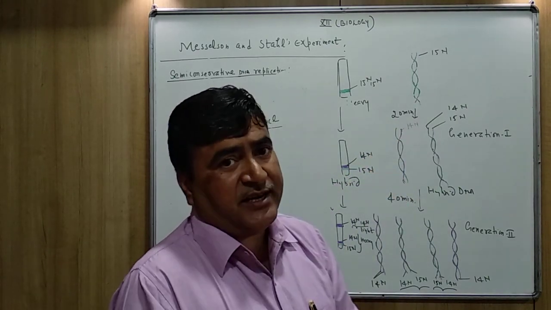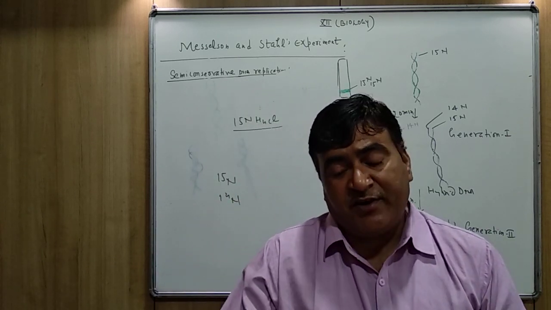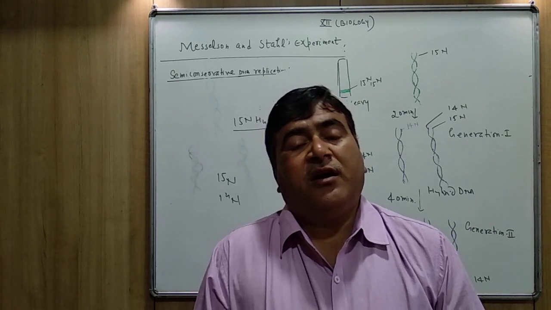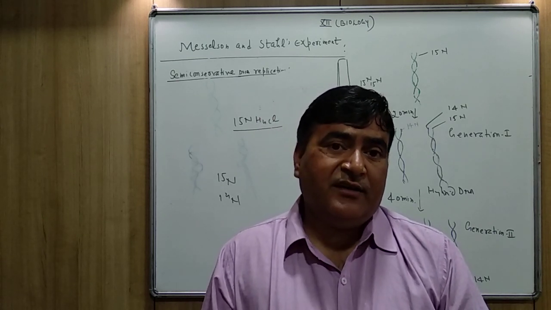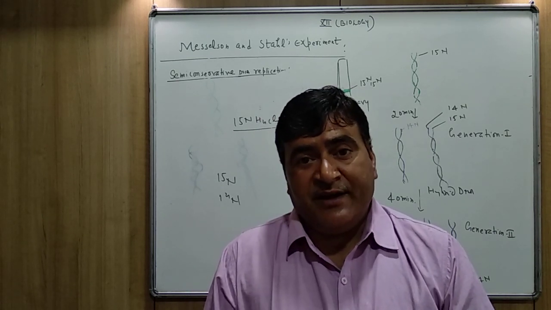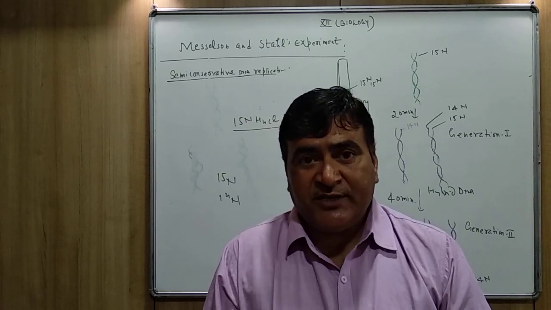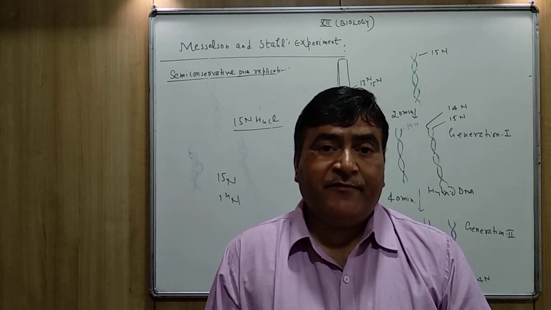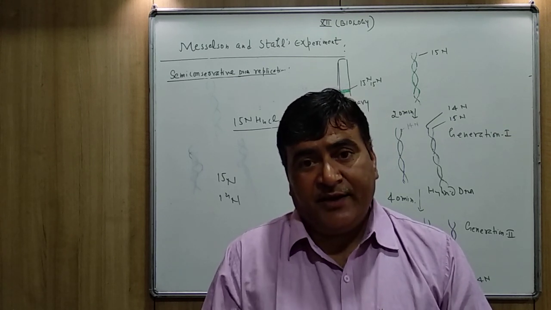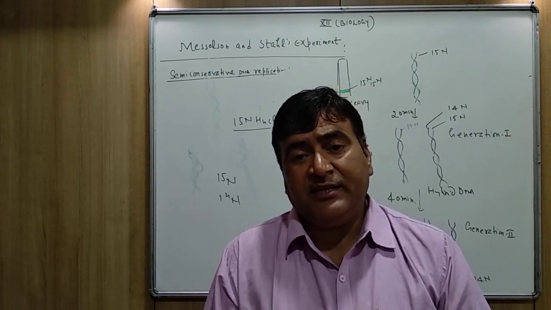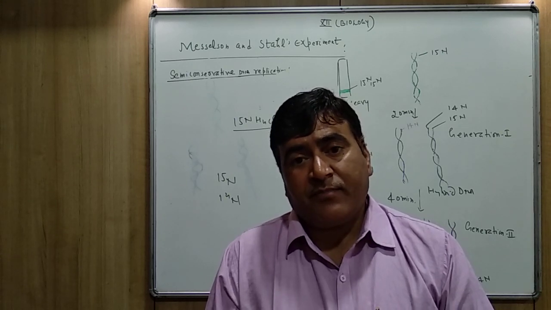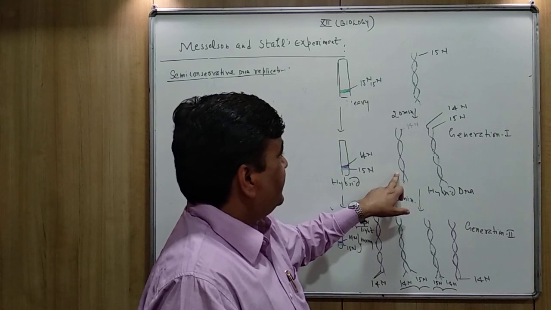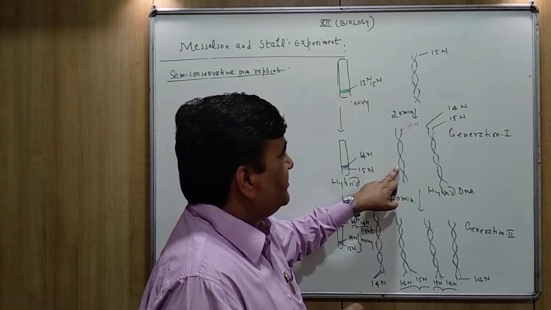All the new strands which are synthesized after 20 minutes, during the process of DNA replication, are retained by which nitrogen? 14N. Why? Because 14N was added into the fresh culture medium. So here he observed the 50% result.